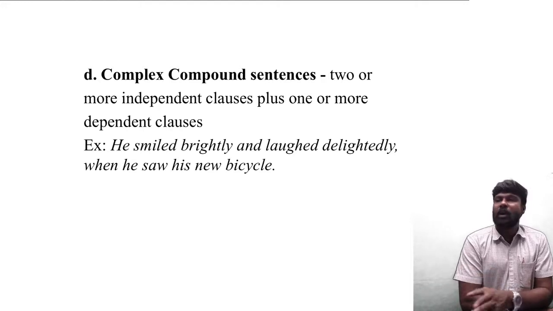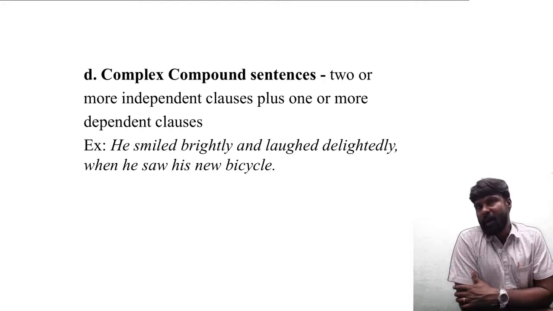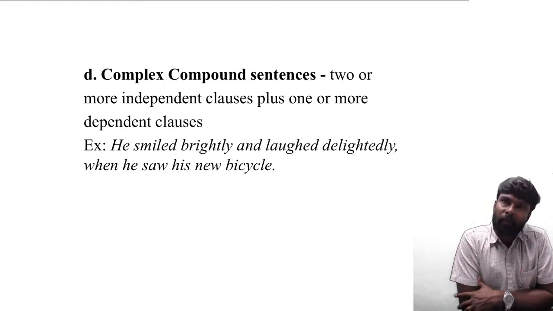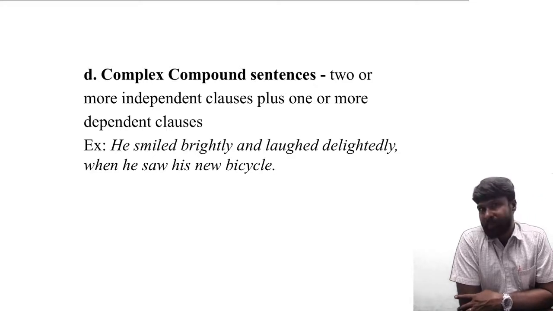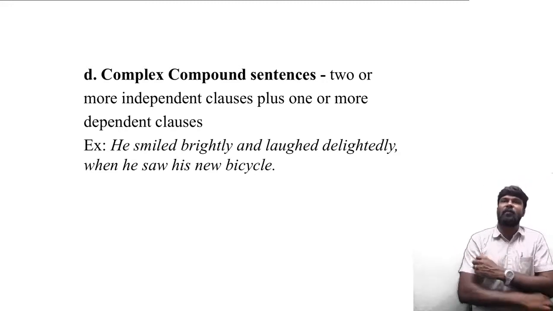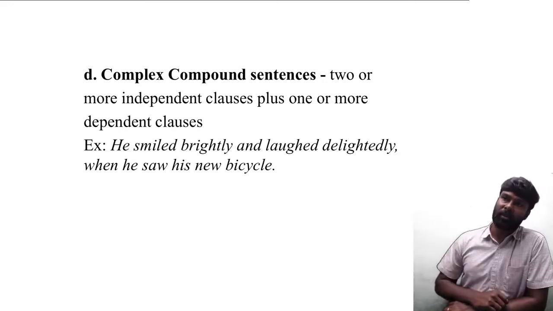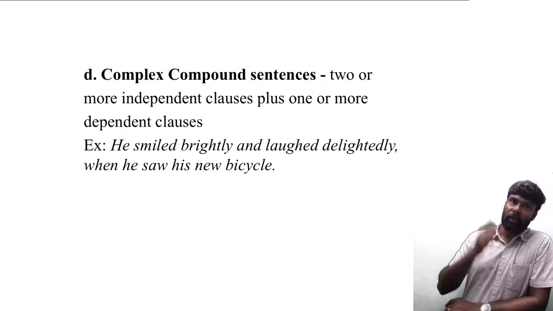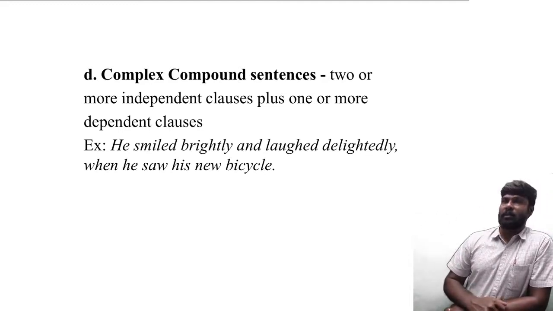Comma, when he saw his new bicycle. Now when I clearly say when he saw his new bicycle, you will all be wondering what is he saying, because the subordinate clause is not complete. So these are the four different types of sentences: simple sentence, compound sentence, complex sentence, compound complex sentence.